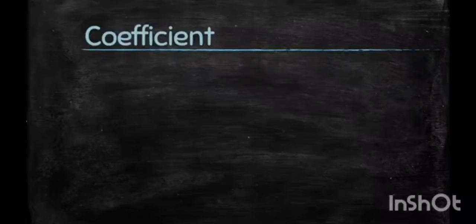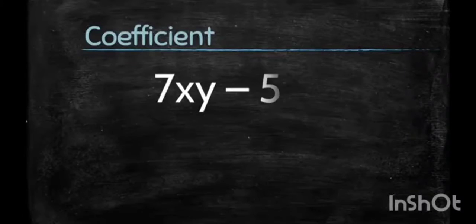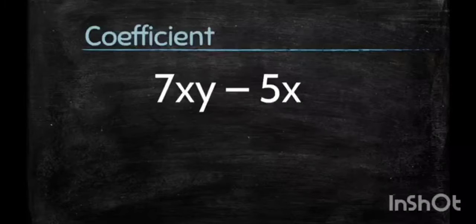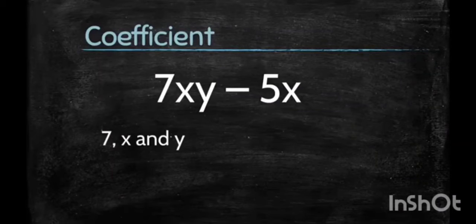Now let's understand coefficient. For this, consider an expression 7xy minus 5x. So here what are the terms of this expression? 7xy and minus 5x. Factors of 7xy are 7, x and y.